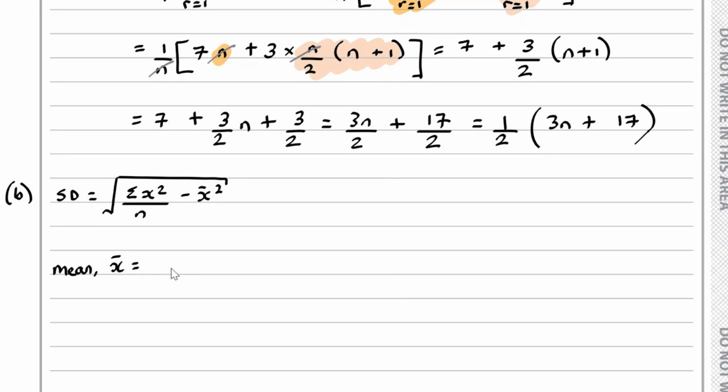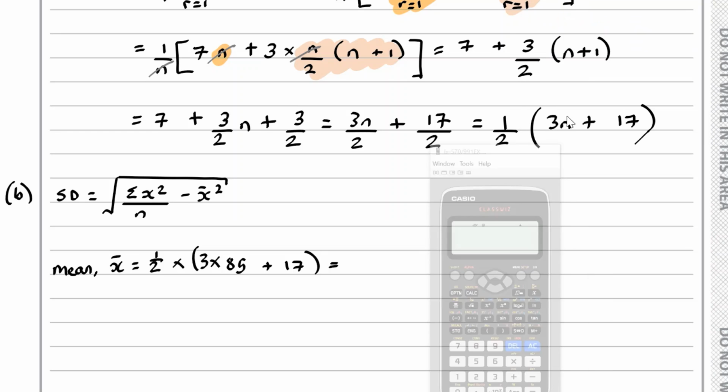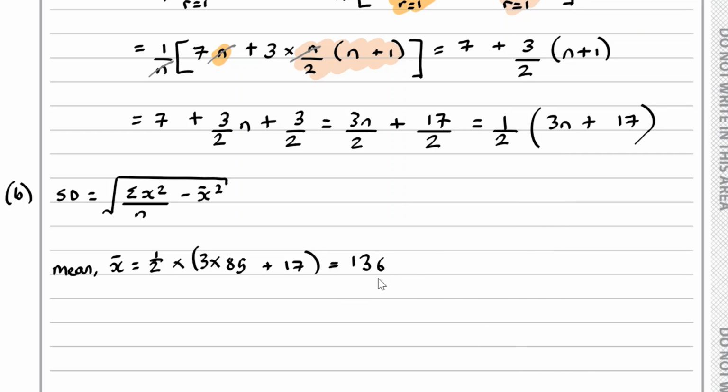So we have 1/2 lots of 3 times by 85 plus 17, and if we work this out, 3 times by 85 plus 17 and then divide by 2, we get 136. So the mean is 136.